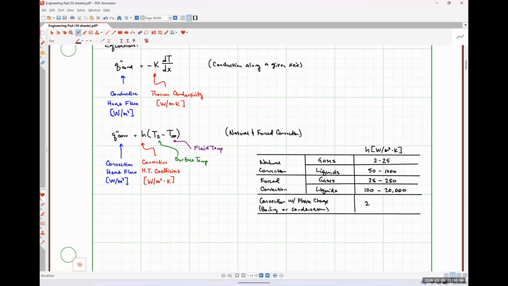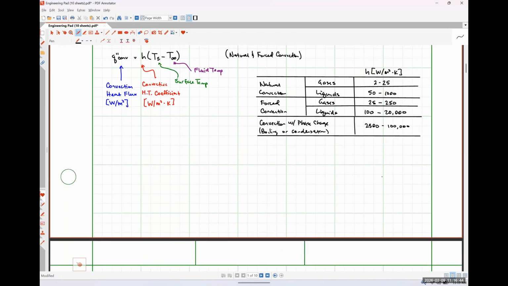And here we have ranges anywhere from 2,500 to 100,000 for our convective heat transfer coefficient value. Okay. So as was mentioned in the description, natural and forced convection are effectively the same thing, just force has some sort of fluid movement inherent to it that makes that heat transfer stronger. And so we have much larger heat transfer coefficients in that case.